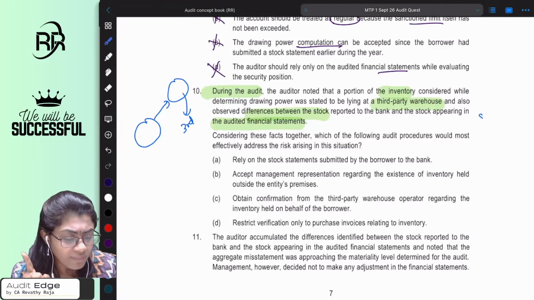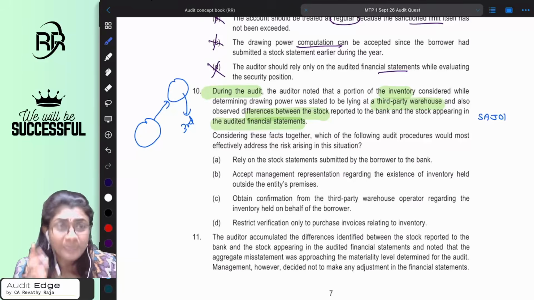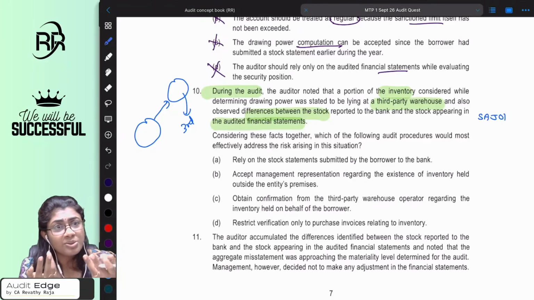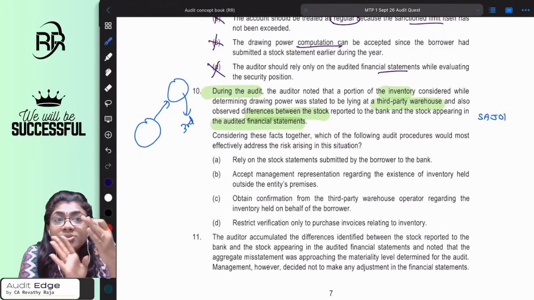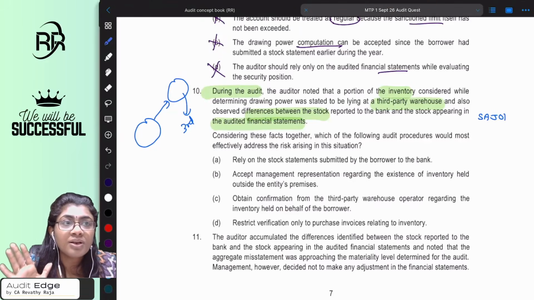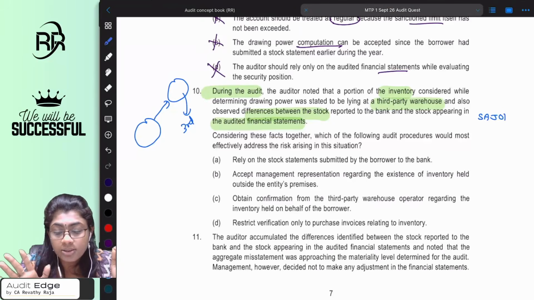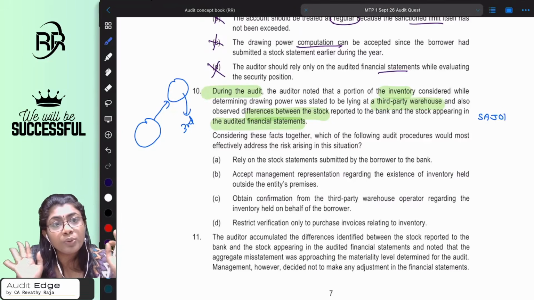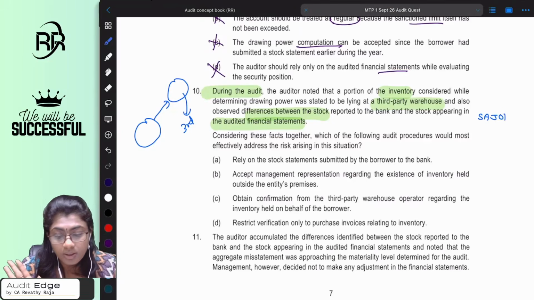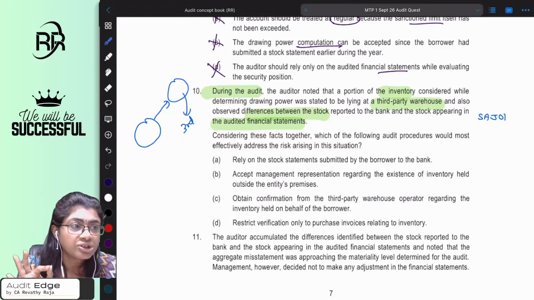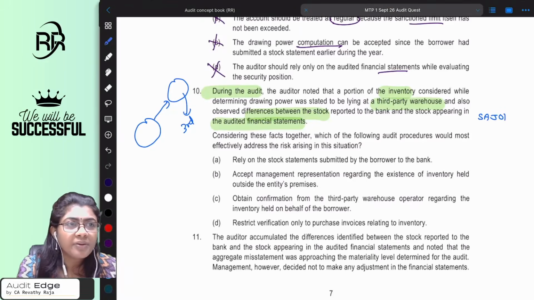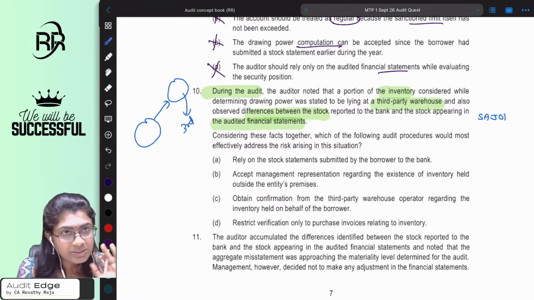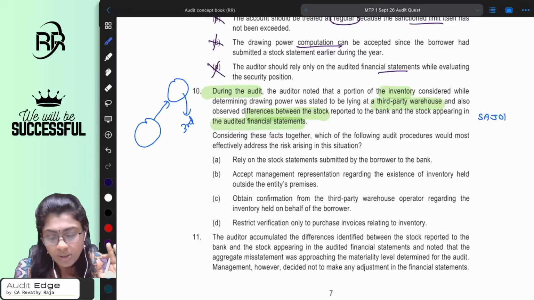We have learned in SA 501, or also otherwise in SA 500 and 505 you learn. Whenever it is with third party, without even seeing the answer, what will you do? If the stock is lying with a third party, you will obtain a confirmation from the third party, right? That's the best option or best evidence source.